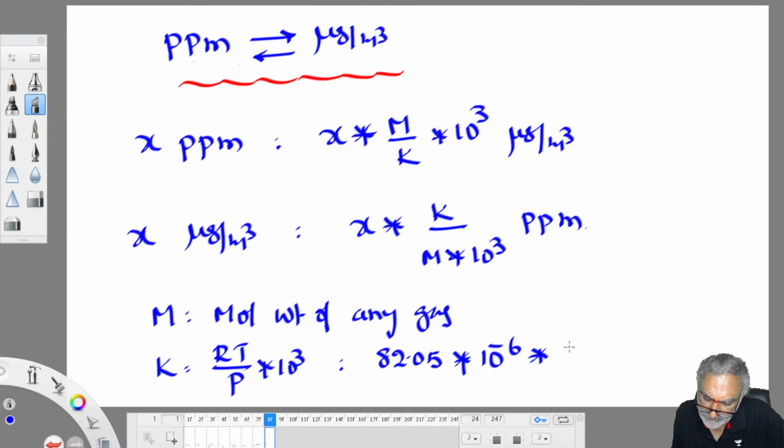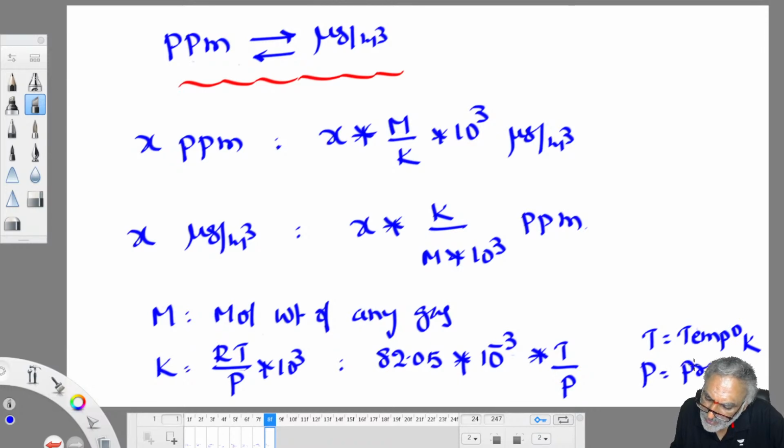Otherwise you can take 10 power minus 3 into T by P, where T is the temperature in degree Kelvin and P is the pressure in atmosphere.